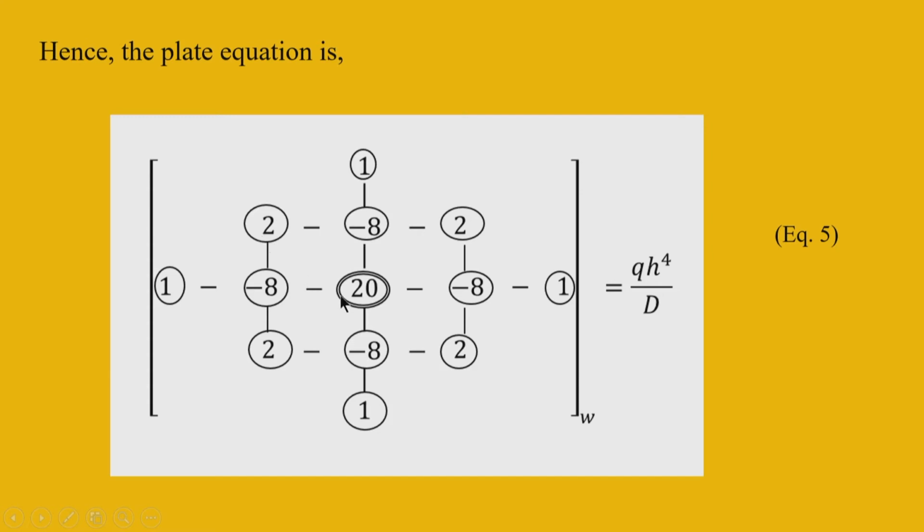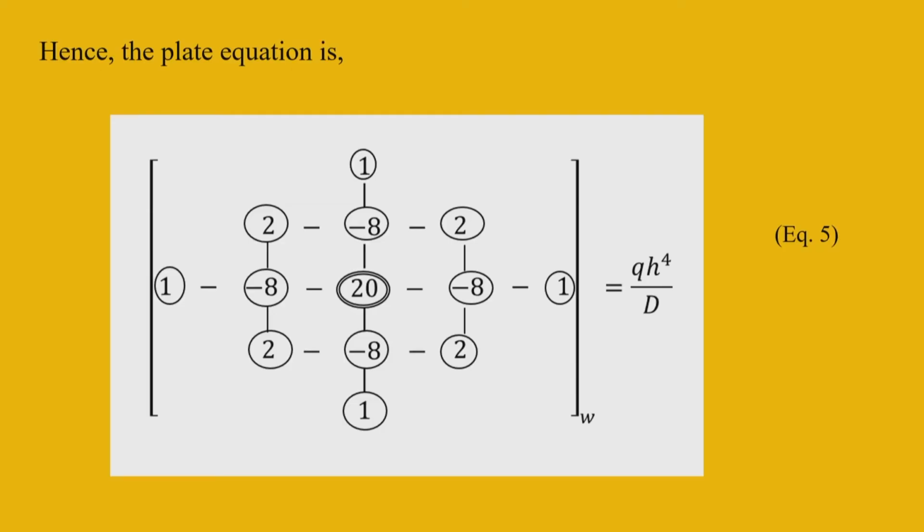The right hand side is q h to the power 4 by D, where q is the load at the nodal point, so the nodal point load has to be taken. h is the mesh size. If the mesh size is different, then of course, this equation will be slightly modified in terms of the ratio of mesh size in x to y directions.